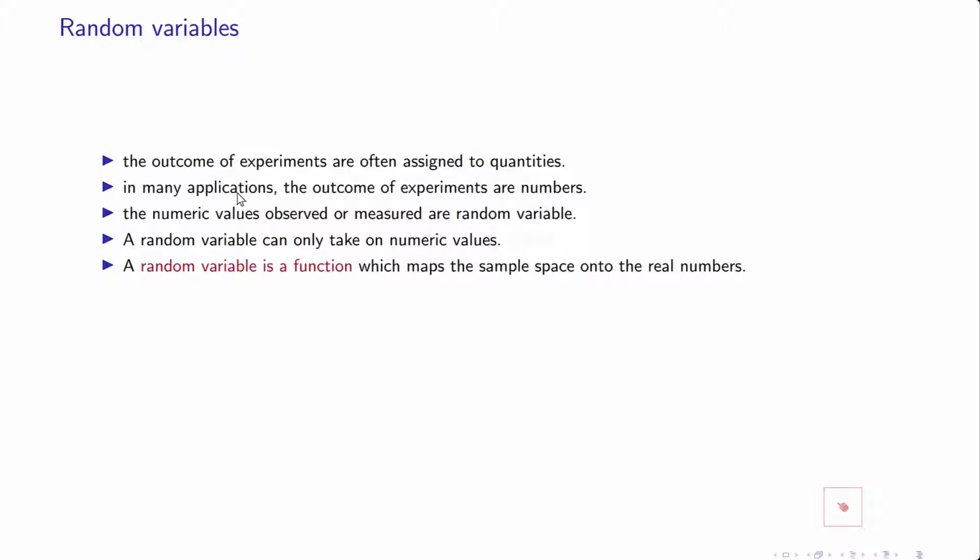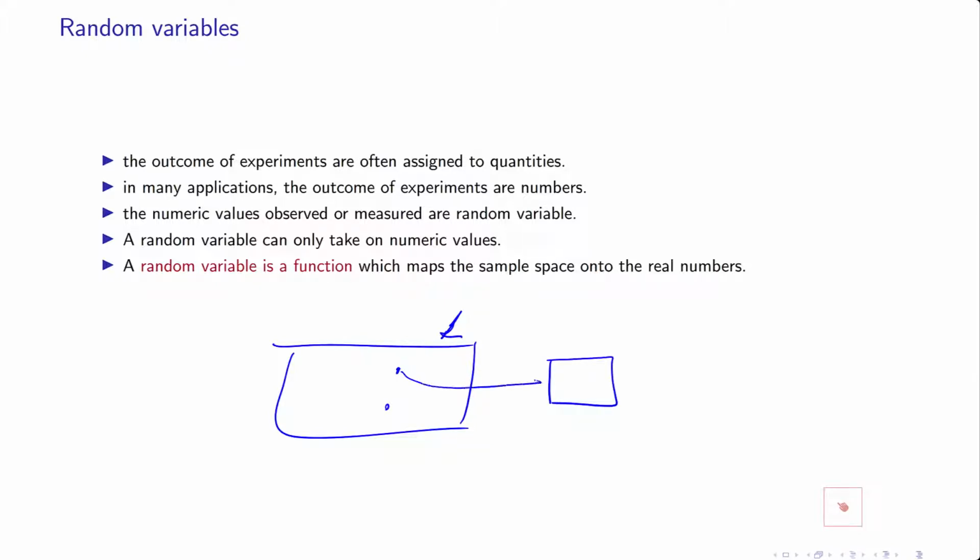Suppose that this is your sample space, and you have different possible outcomes. This could be one outcome, this could be another possible outcome. Say if you roll a dice, this sample space has 6 members. Now a random variable is a function, like a machine which takes one of these outcomes. So this is X of c.